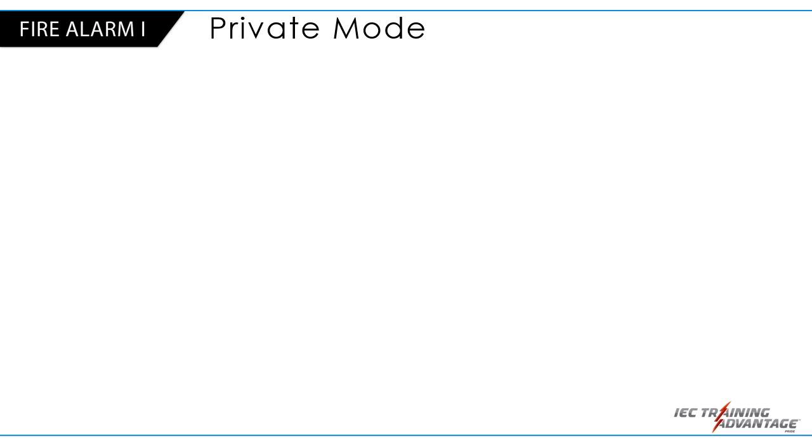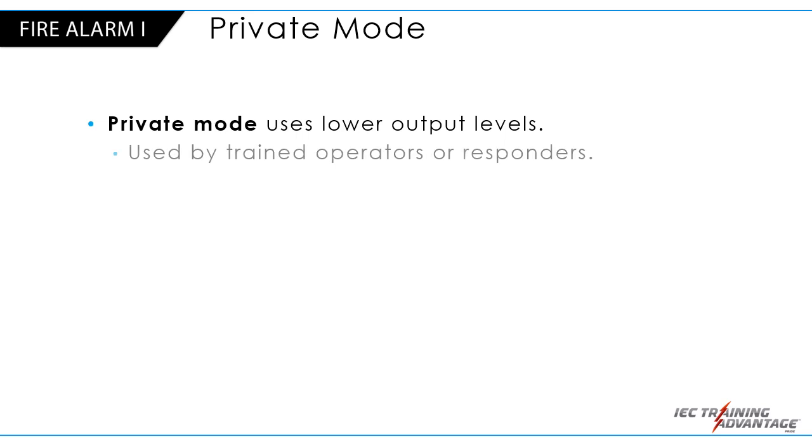All right, let's talk about private mode. Private mode uses lower output levels, and these are used by trained operators and responders, such as system operators. This is typically used in an area, remember we discussed this earlier, where a full-scale fire alarm system with horns and strobes everywhere may actually cause a panic.